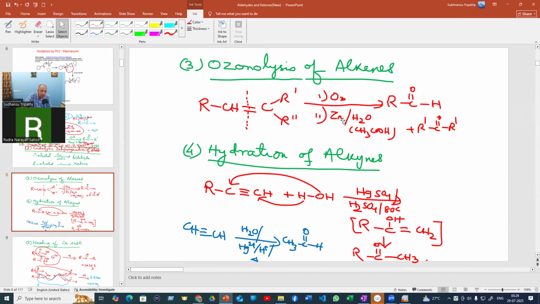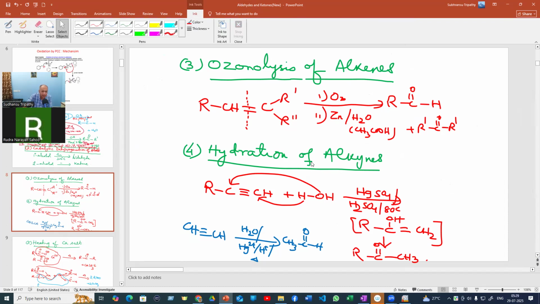You have to use zinc water or zinc acetic acid so that it will not oxidize aldehyde further to carboxylic acid. So the hydrogen peroxide produced is removed by the reaction with zinc, acetic acid or zinc water.